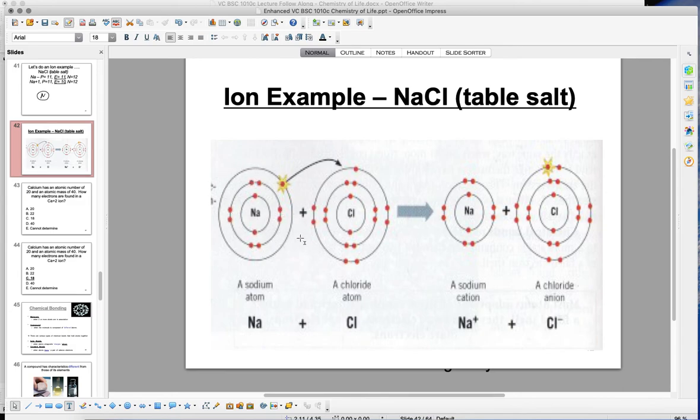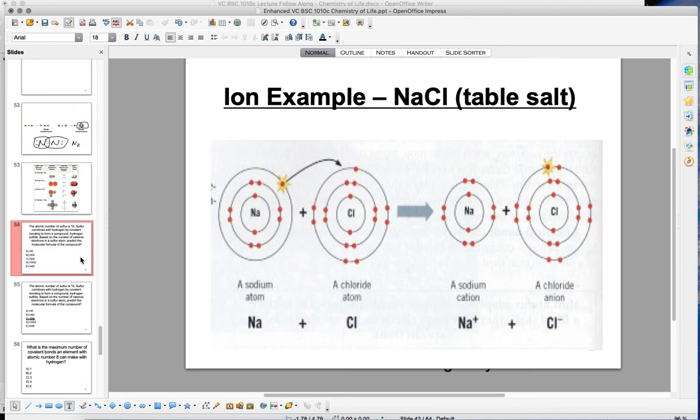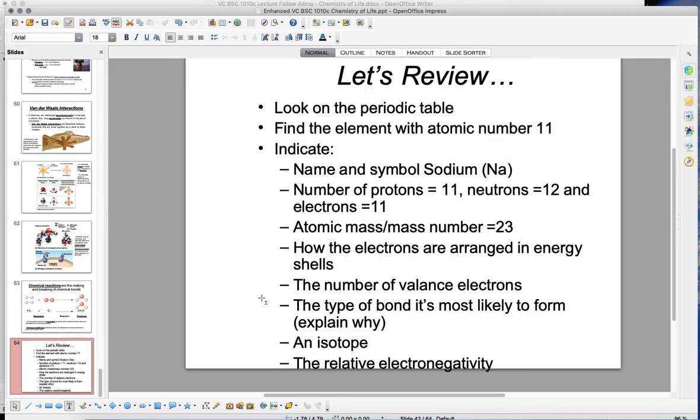And then 1 extra for the 11 in the third shell. So that's how they would be arranged in the energy shells. It's going to be 2, 8, and 1 for a total of 11. Then the number of valence electrons is going to equal 1, because remember valence electrons are the electrons in our outer shell.